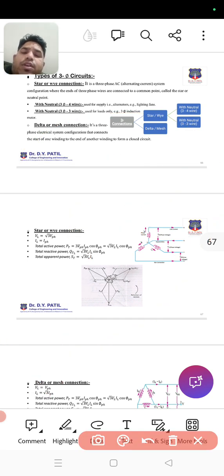VL is equal to root 3 VPH. We use the same derivation for both IL and VL. We just have to draw one phasor diagram.